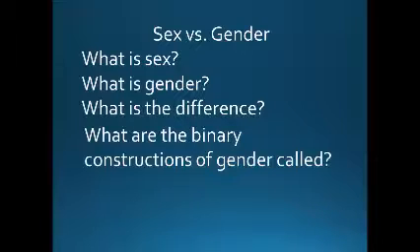But this is a little bit more complicated than what we would typically think, or than maybe our politicians would have us believe, because sex is made up of not only our physical body parts, the different anatomy that we have, but it also has to do with chromosomes, and it has to do with hormone production.